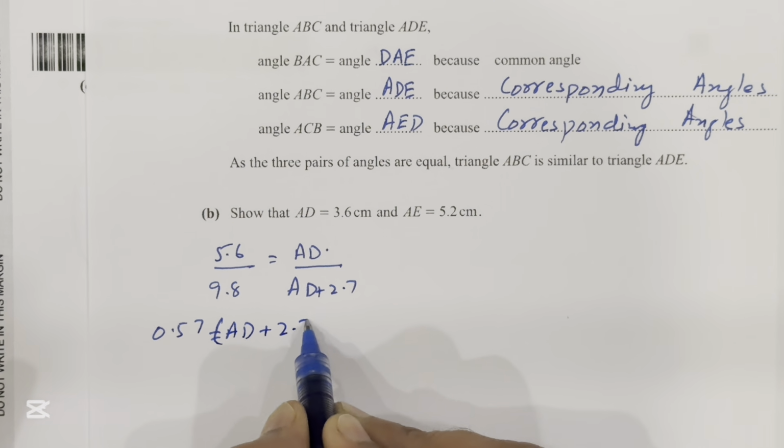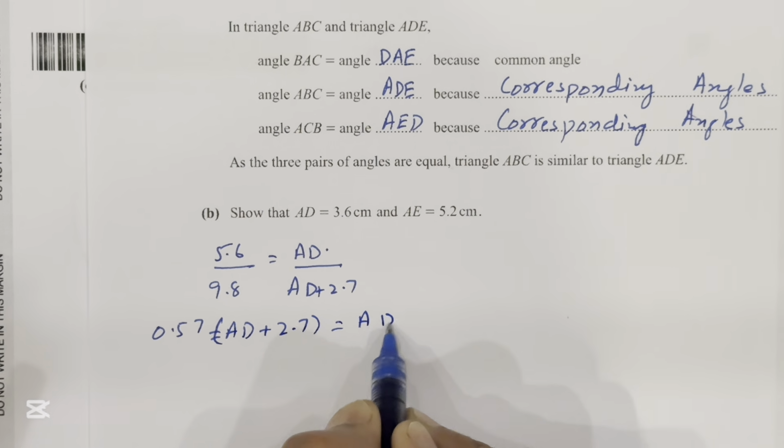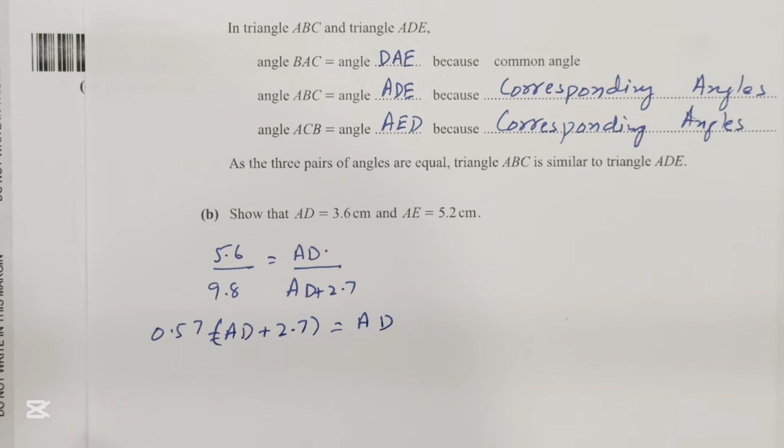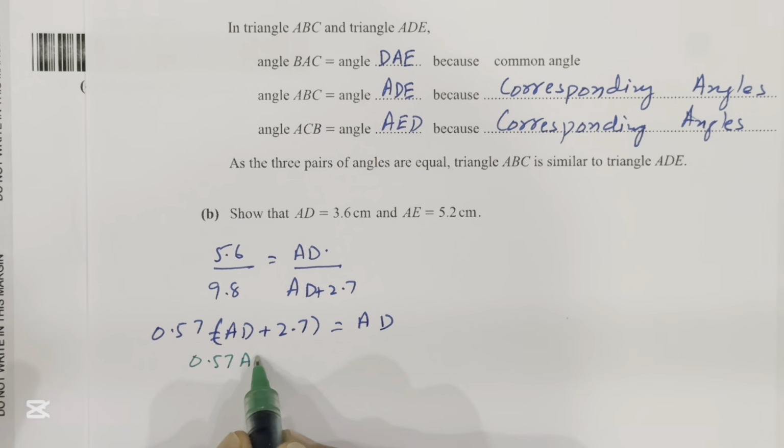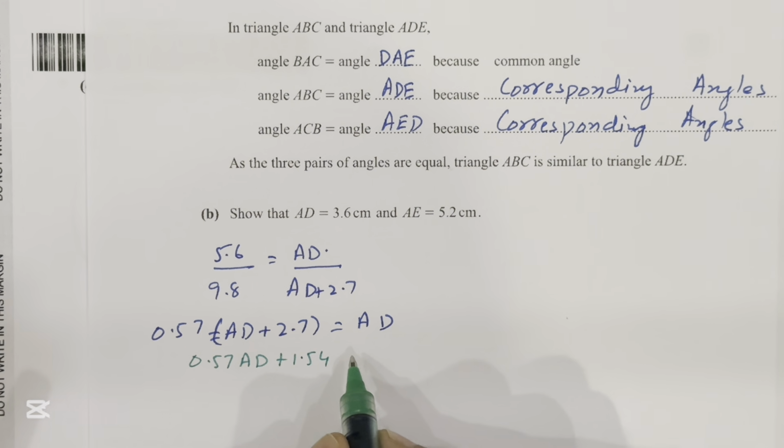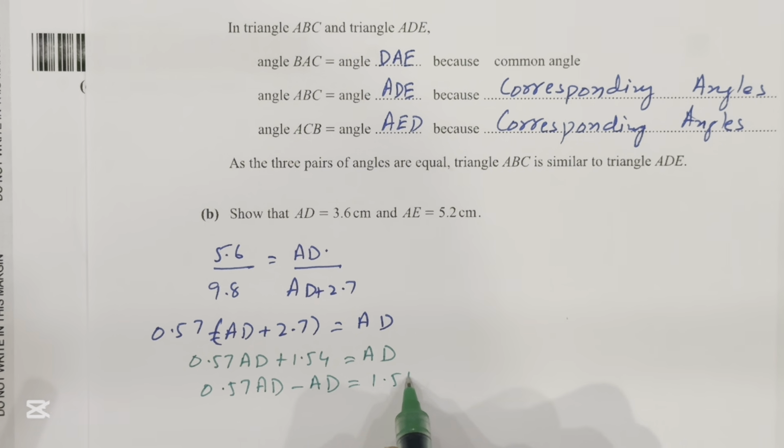That is equal to AD over AD plus 2.7. We're going to cross multiply it. Now it would be equal to 0.57 AD plus 1.54 is equal to AD. Take all ADs to one side. See, 0.57 AD minus AD is equal to minus 1.54.